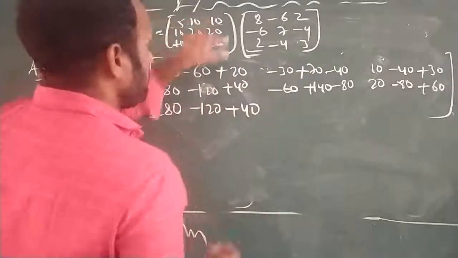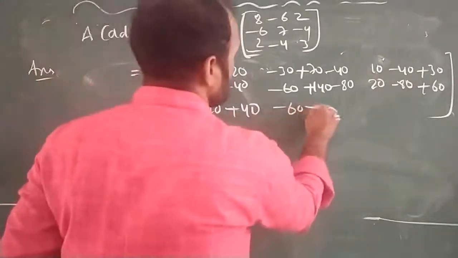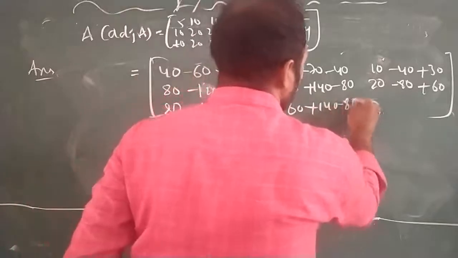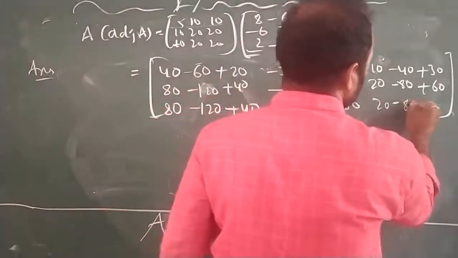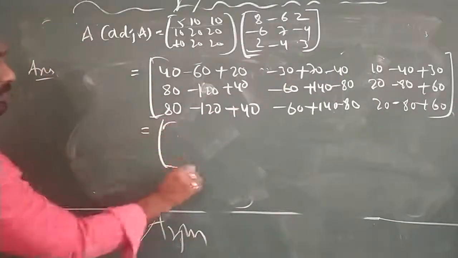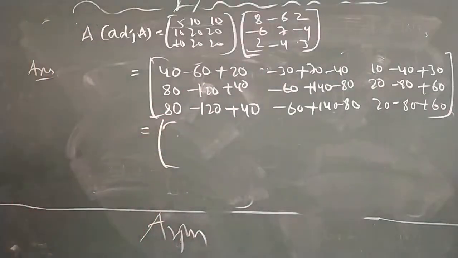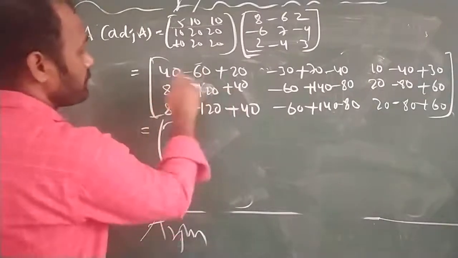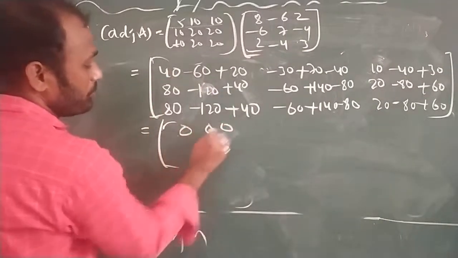So if I do simplification of these, minus 60 plus 140 minus 80, 20 minus 80 plus 60, 80 plus 40 will be 0, 0, 0.